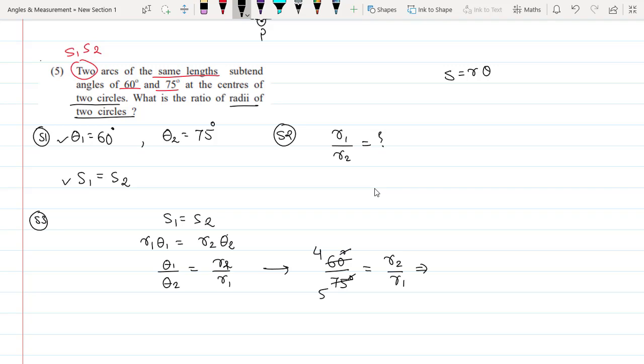So R2 by R1 is how much? It's 4 by 5. So what is your answer? 4 by 5 is my answer. रेशियो ऑफ रेडियस कितना आ गया भाई? R2 by R1 कितना आ गया? 4 by 5.